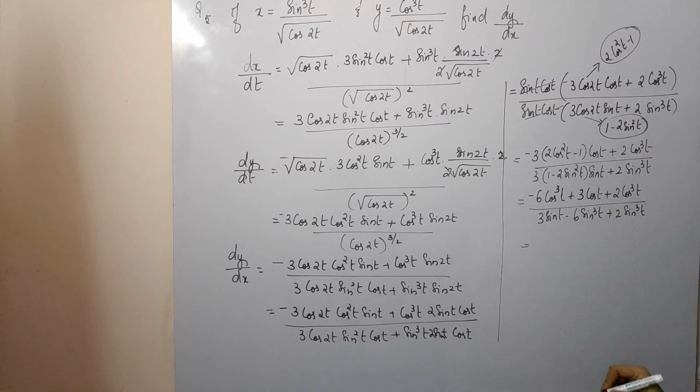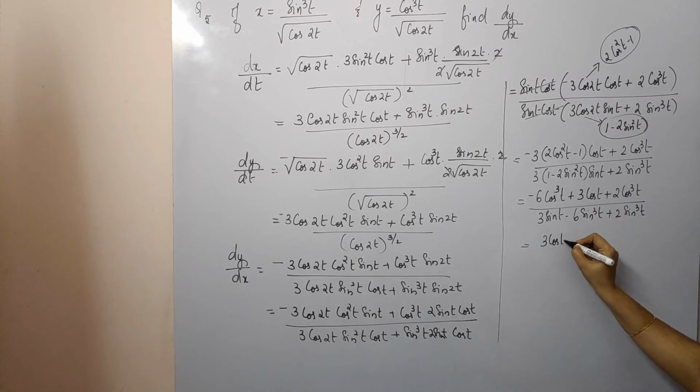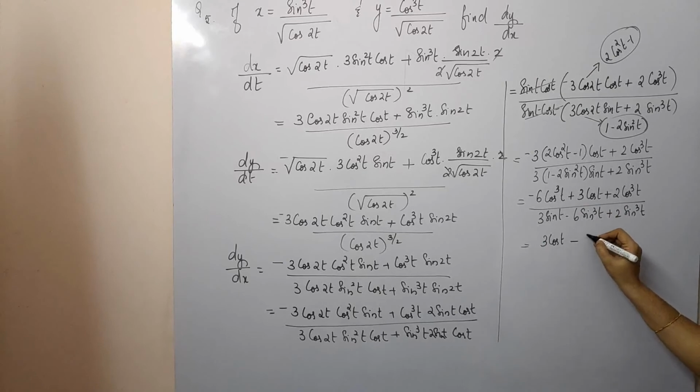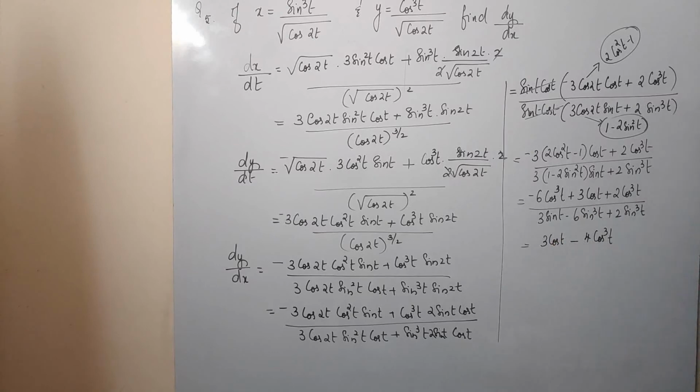So what do I get? And this is equal to 3 cos t minus 4 cos cube t, right? 3 cos t minus 4 cos cube t divided by 3 sin t, and this 3 sin t remains as it is, minus 4 sin cube t. Now from the numerator I may take a negative common out.